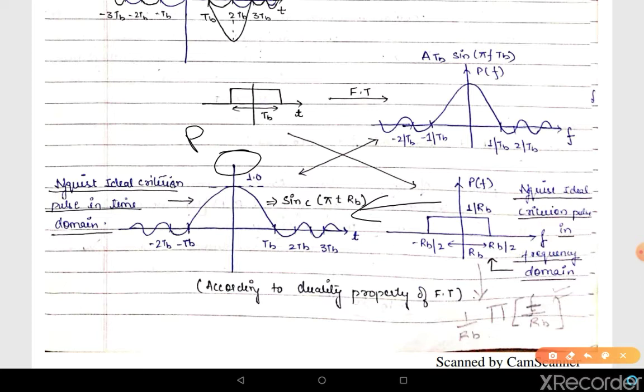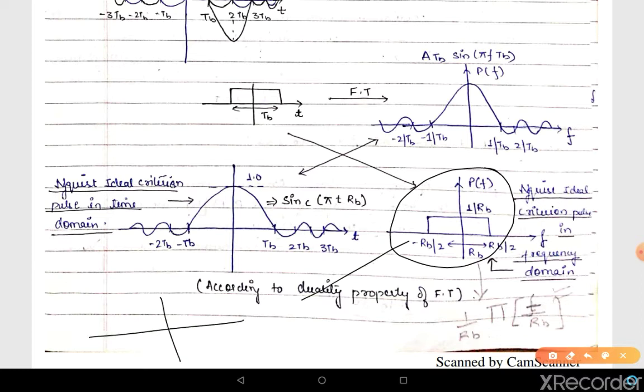So this is your p(t). If I do this way, then ISI can be avoided. How can it be avoided? Because I am transmitting a band limited pulse through a band limited channel.